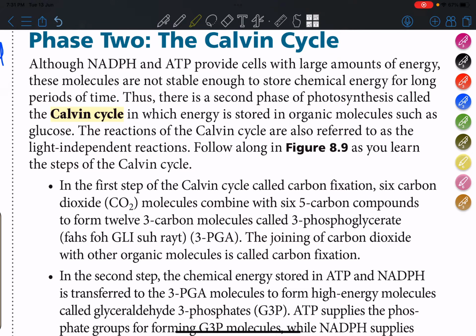So let us start. Okay, so although NADPH and ATP provide the cell with large amounts of energy, these molecules are not stable enough to store chemicals for long periods of time. They cannot store energy and stay stable for a long period of time.